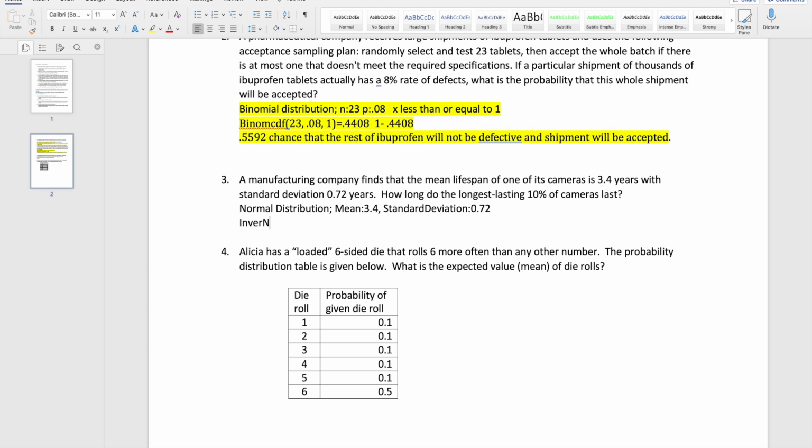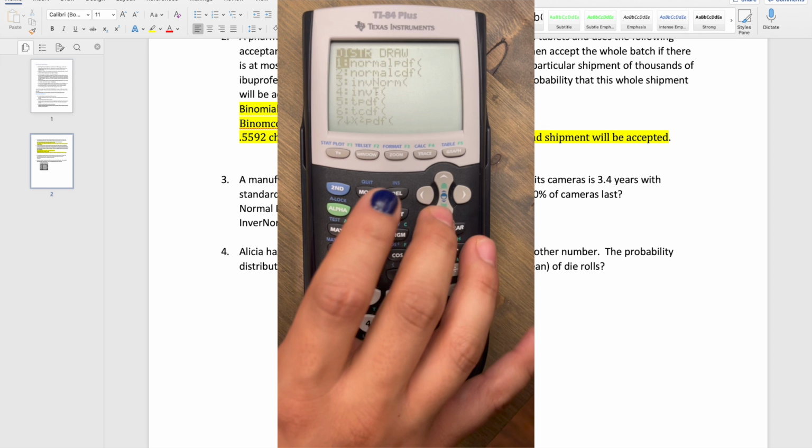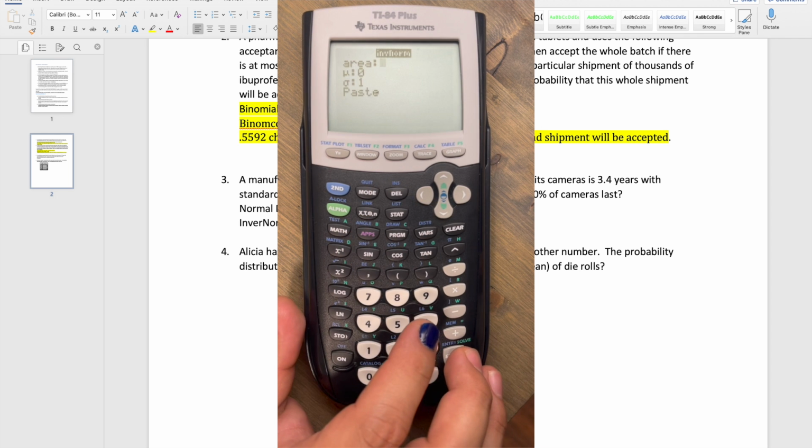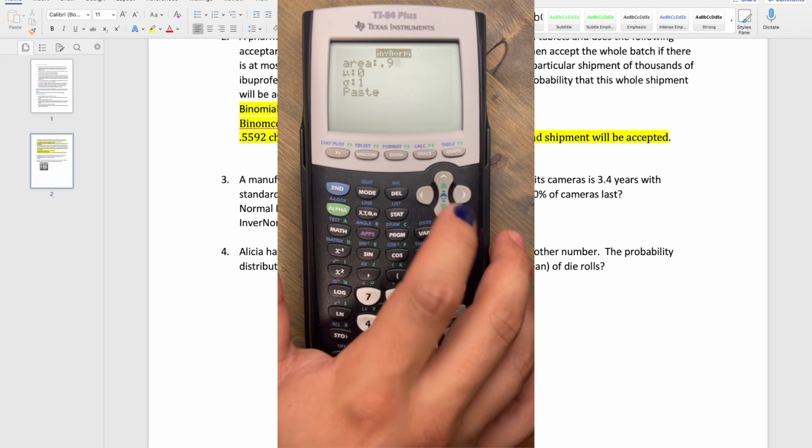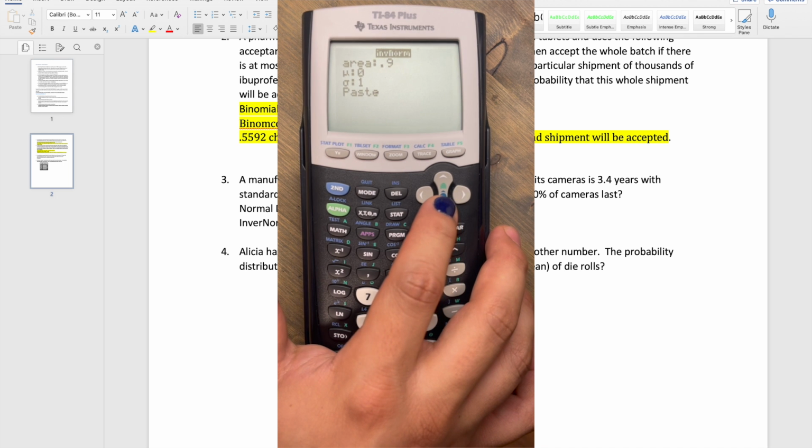So inv norm, and let's open our calculator and find that equation. So on second vars, inv norm, area, we want 0.9 because that'll be our top 10%. We'll find up to that.